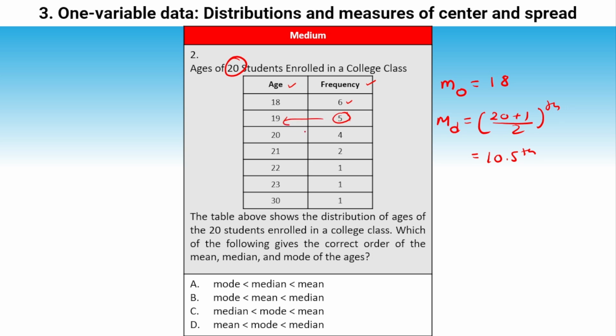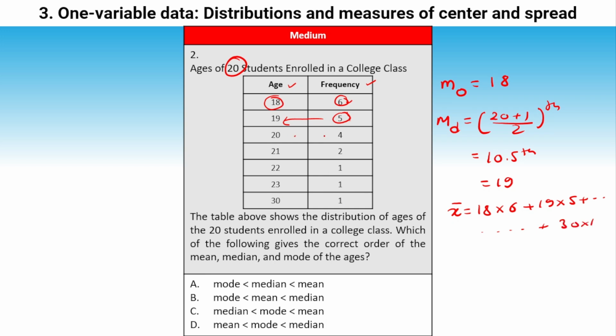That's why our median is 19. Now let's find the mean. To find the mean, we have to multiply this with this and add all, right? Like 18 into 6 plus 19 into 5 plus, I'm not going to do all, plus at last 30 into 1.